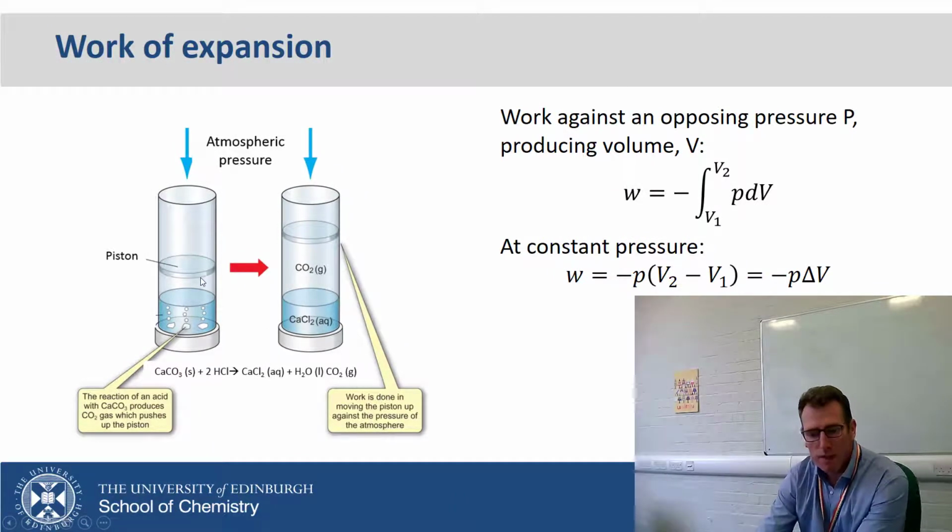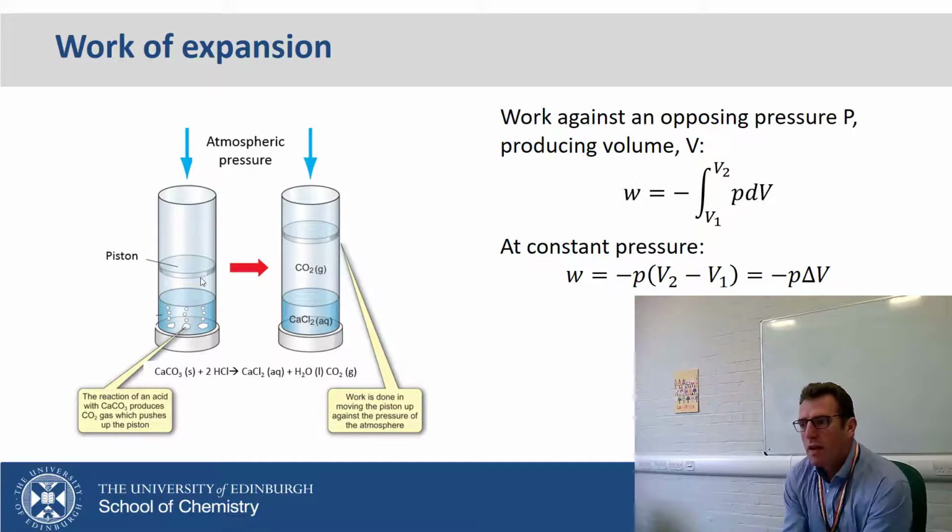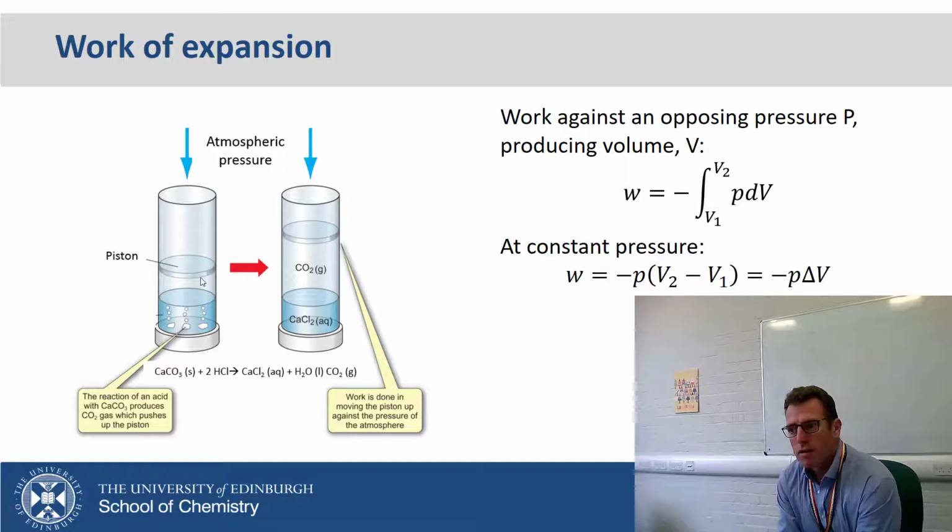So the work done will be the work in pushing out that piston against an external pressure, and that external pressure will be, in this case, atmospheric pressure. So we can say that the work is equal to the integral from the initial volume to the final volume against an external pressure.